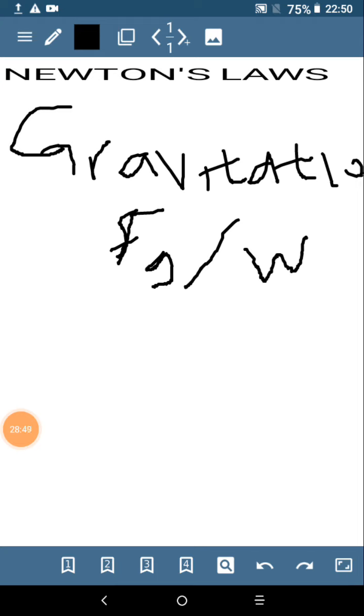So be it the object is how many meters above Earth's surface, it will always experience gravitational force, or be it the object is in contact with Earth's surface, it will always experience gravitational force.